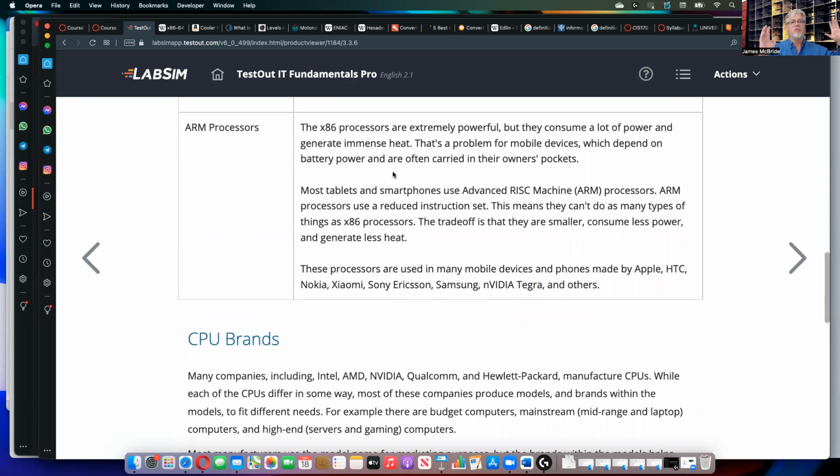That's the desktop systems. x86 has been around since the 80s. It's got tons and tons of software, tons of things out there for it. So when it says this means they can't do as many types of things, it means they haven't been programmed for these things yet. That's the only thing.